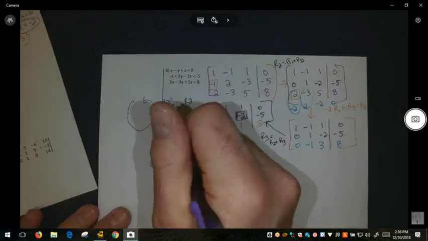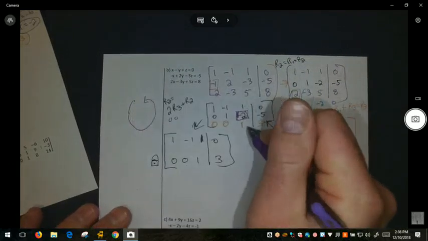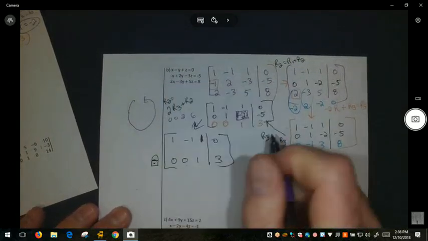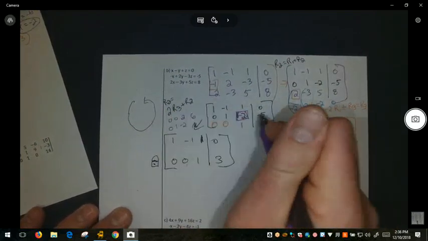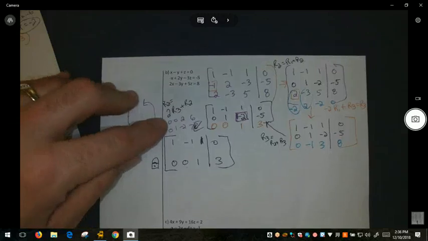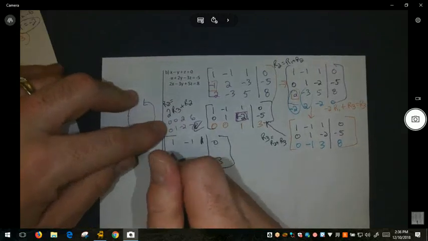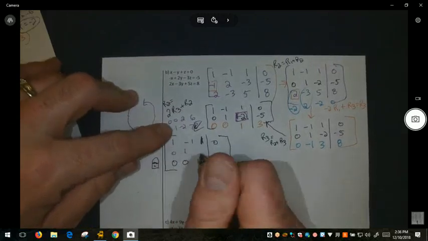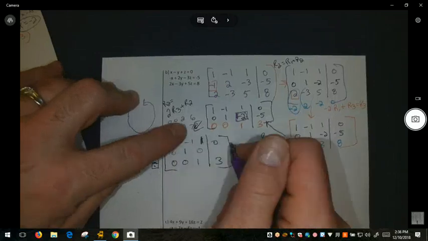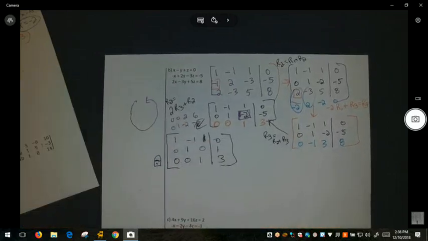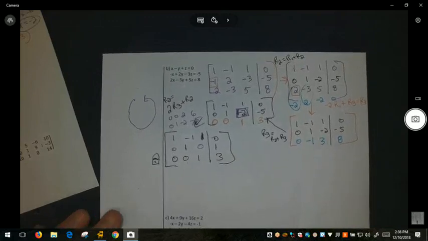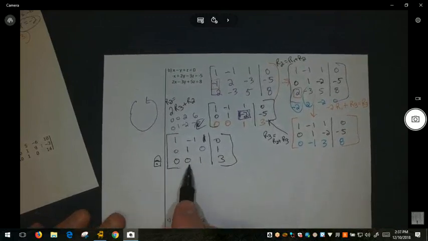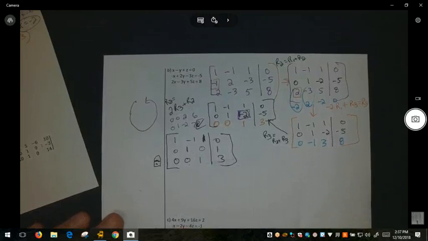So if I do 2 times row 3, I have 0, 0, 2, 6, plus row 2, which is 0, 1, negative 2, negative 5. This will give me 0, 1, 0, 1, which is even nicer because it's rare that I get a 1 here, but now I have that as well. My whole goal was keep these as zeros and get this to be a 0.